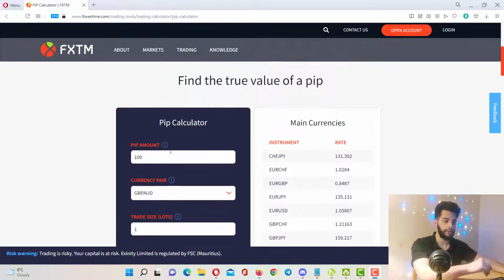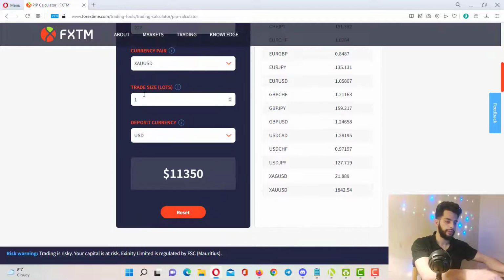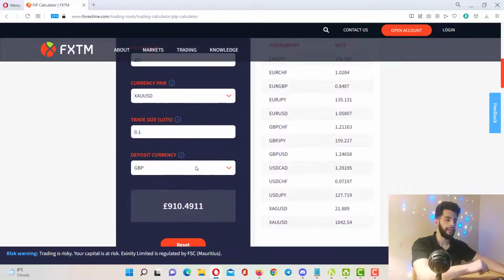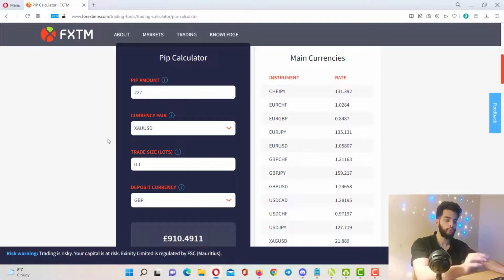You come here, you say, okay, pip amount 227, currency pair, you bring it down to gold, trade lot size is 0.1, and the deposit currency is USD. See that for gold, 1 pip is actually worth way more, because of the spread and because of the instrument itself. 0.1 for gold is way different than 0.1 in GBPUSD or EURUSD.